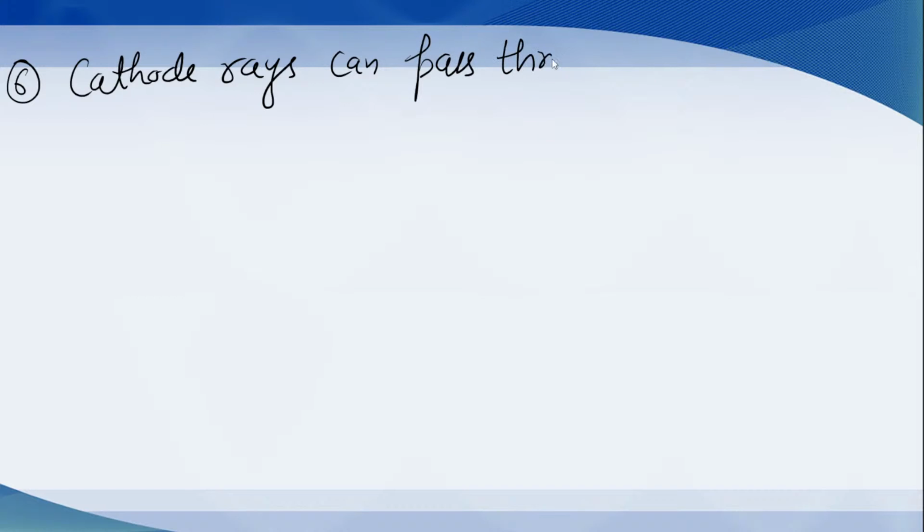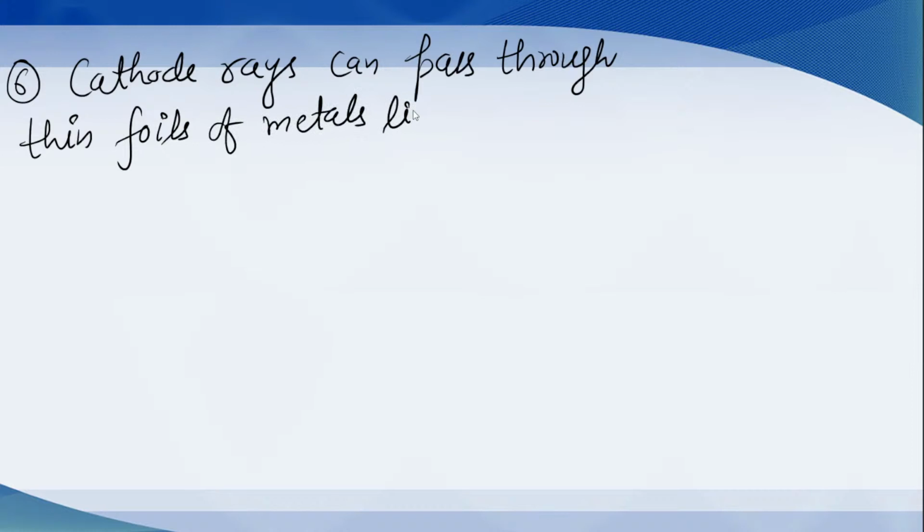Then cathode rays can pass through thin foils of metals like aluminium.